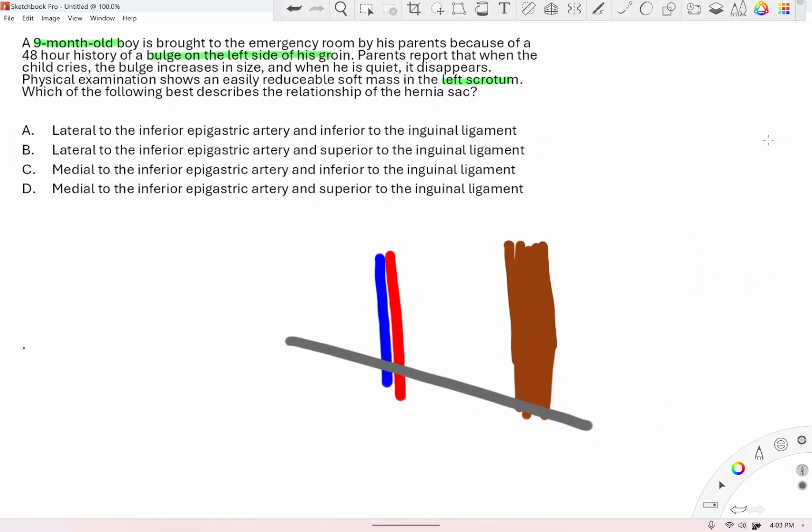Let me label these things for you. So inguinal ligament. Okay, this is the rectus abdominis muscle. And then red is femoral artery, blue is femoral vein.